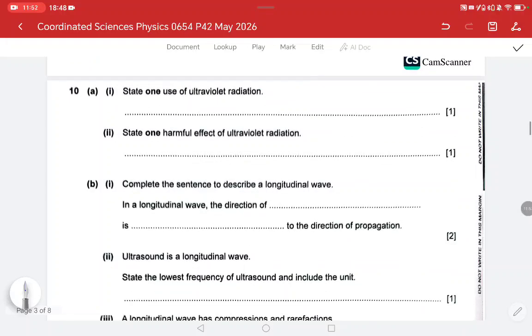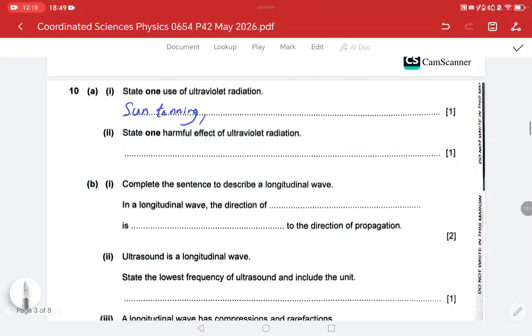Next question, question 10. State one use of ultraviolet radiation. I know that most of you wrote in the exam mostly sun tanning. That's fine, that's correct. So you can write that, no problem. If you want to write sun tanning, or tanning beds, that's fine.